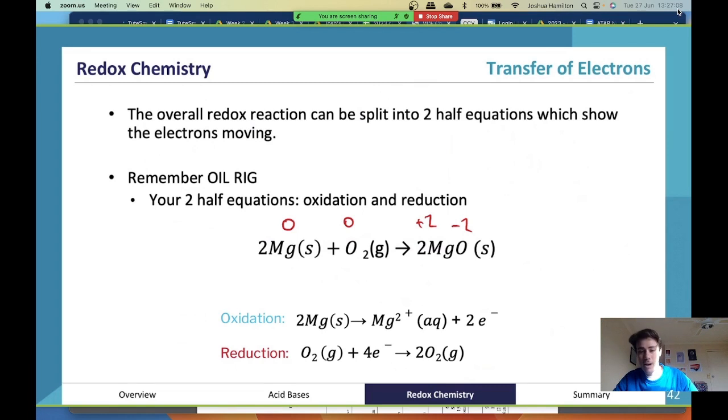Therefore, the electrons are on the right side because they're heading off. They're gone. The electrons are moving down there, and when they move down there, you get this. I don't know why this is wrong, first of all.